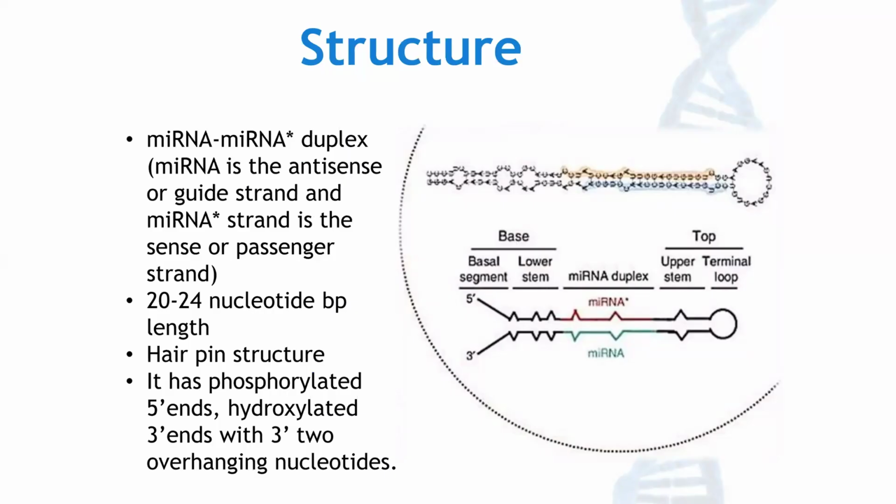It is made up of an antisense strand, known as the guide, and the sense strand, known as the passenger, and it is 20 to 24 nucleotide base pairs in length. They usually form a hairpin with a loop. It also has an overhang at the 5' end and also at the 3' end. So the structure of the microRNA is double-stranded, made up of 20 to 24 nucleotide base pairs, a hairpin, and overhangs.